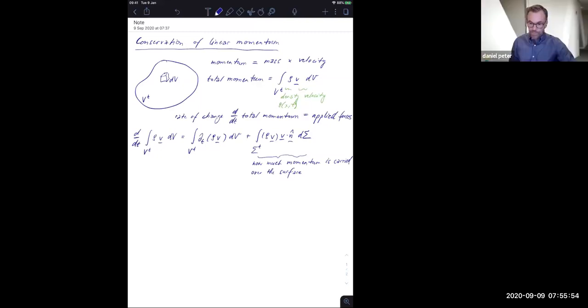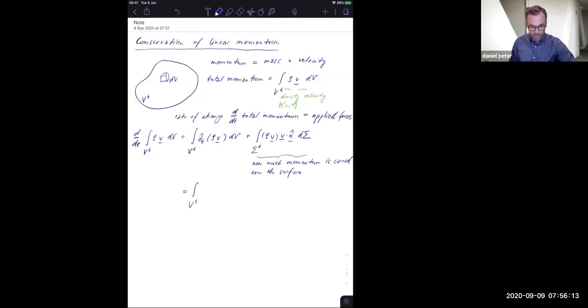So again here, the surface integral, we could rewrite it using Gauss theorem or the divergence theorem. So we can put this under the volume integral.